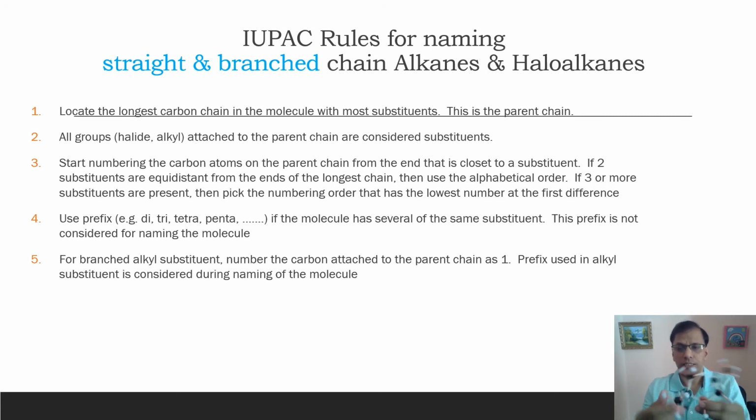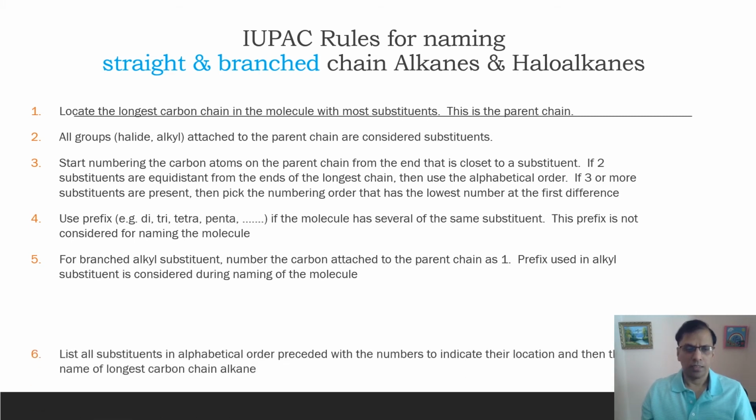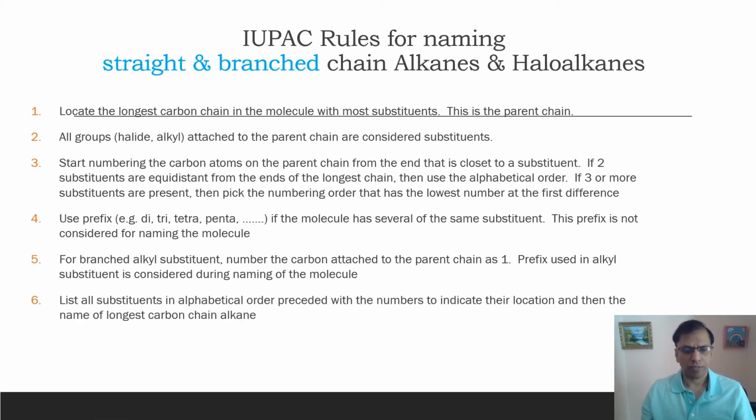The generic name here is isopropyl substituent. And finally, you list all the substituents in alphabetical order preceded with the numbers to indicate the location, and then the name of the longest carbon chain alkane.